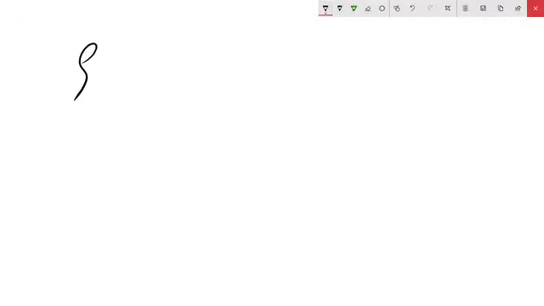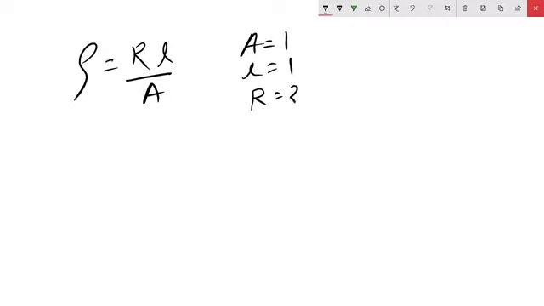So resistivity, that is rho is equal to RL by A, where R is the resistance of a conductor, L is the length of a conductor, A is the area of cross section of a conductor.